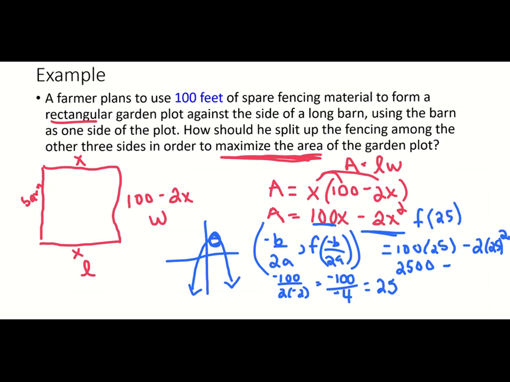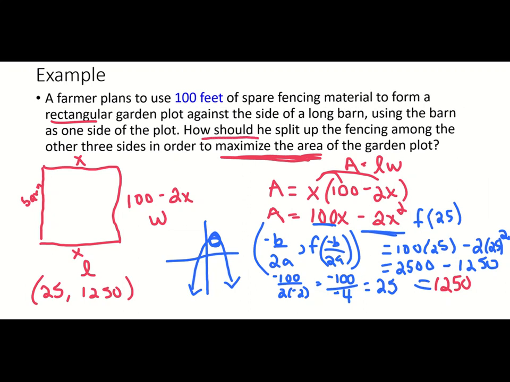Negative 2 times that would give me 1,250. And when I do the math there, 2,500 minus 1,250 gives me 1,250. So the vertex of my parabola right here is 1,250.